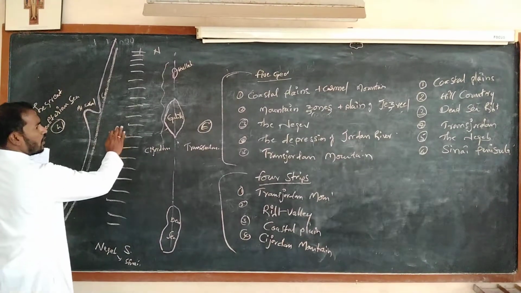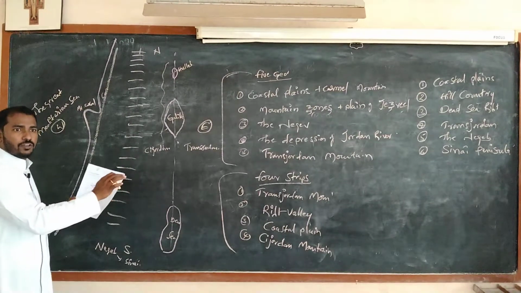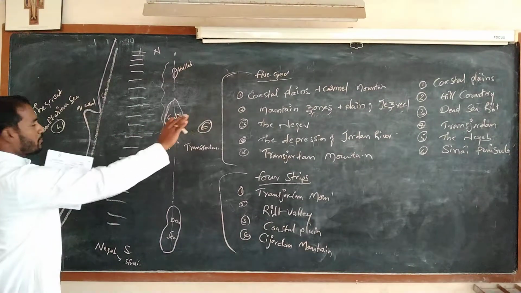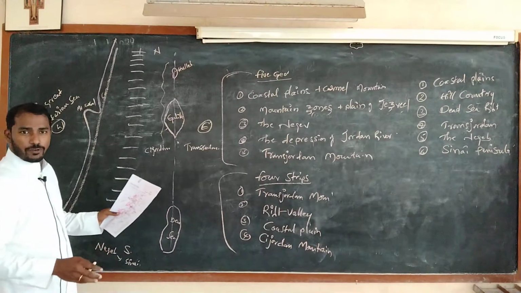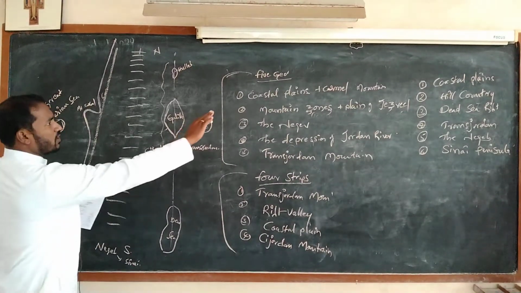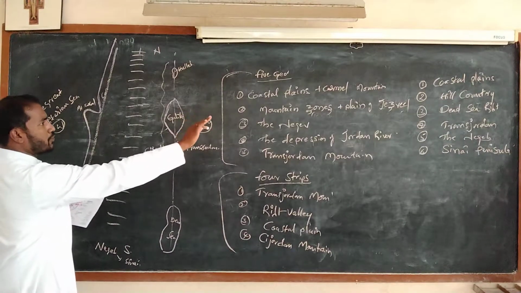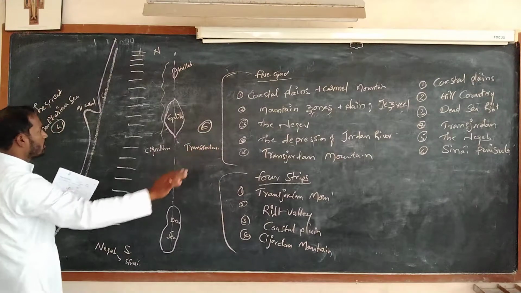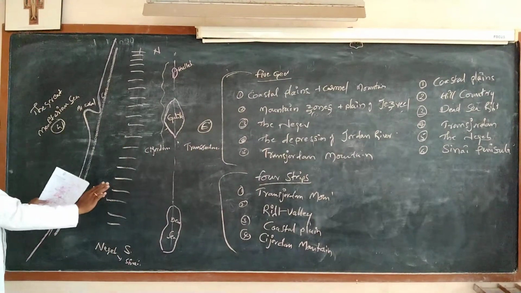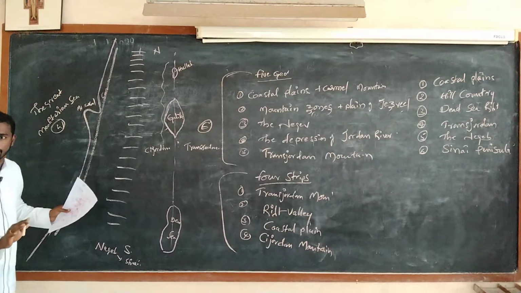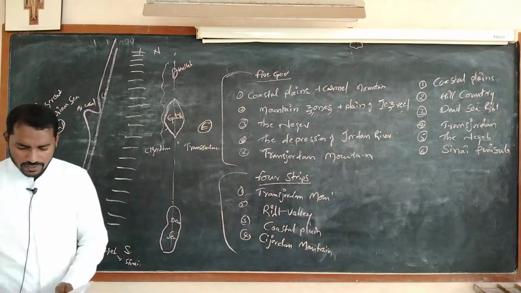These are the 6 divisions we have basing on one of the authors, because different authors give it in different ways. We base on the author who divides the land into coastal plains, hill country, Dead Sea Rift, Transjordan, Negev, Sinai Peninsula.